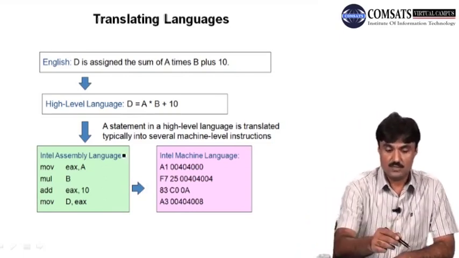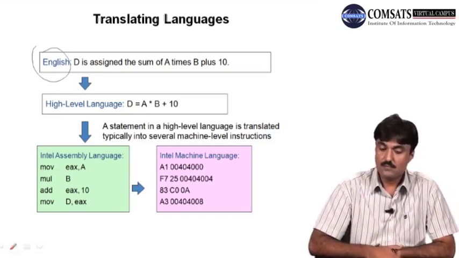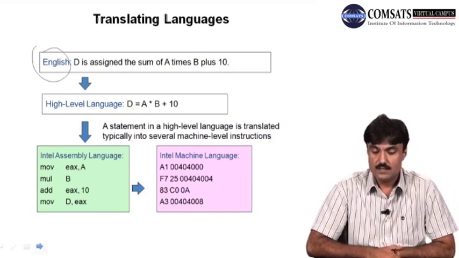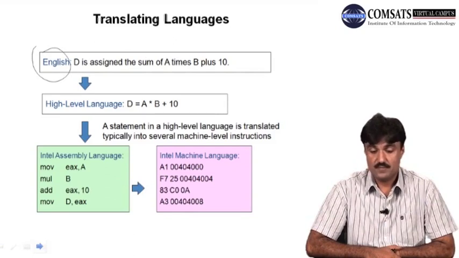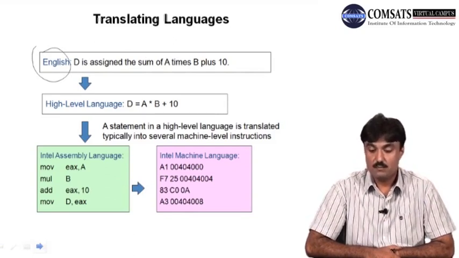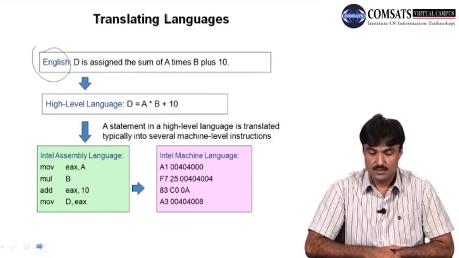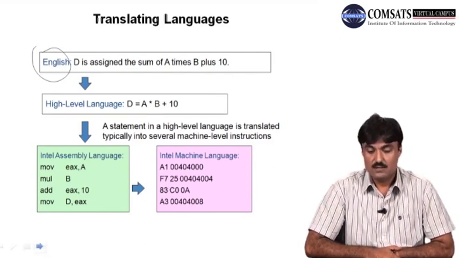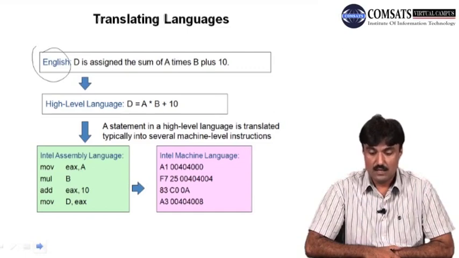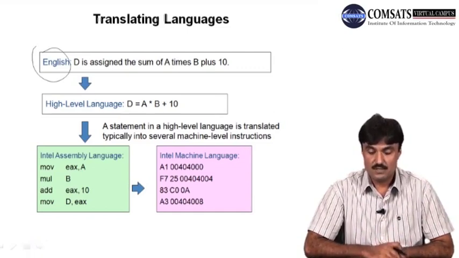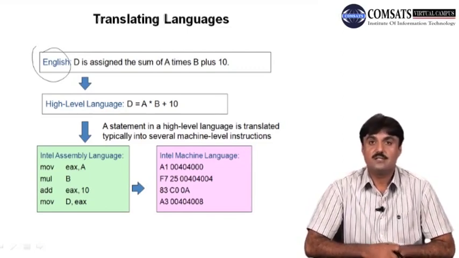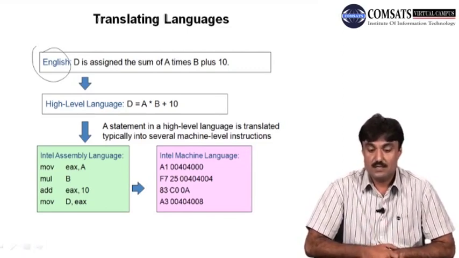Here is an example. In English, the statement is: D is assigned the sum of A times B plus 10. So the result of A multiplied by B and added to the value of 10, and the whole result is stored inside D. So this is the statement in English.